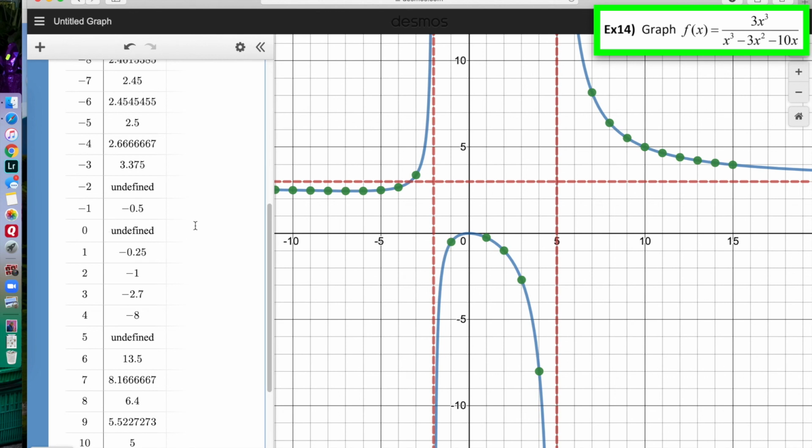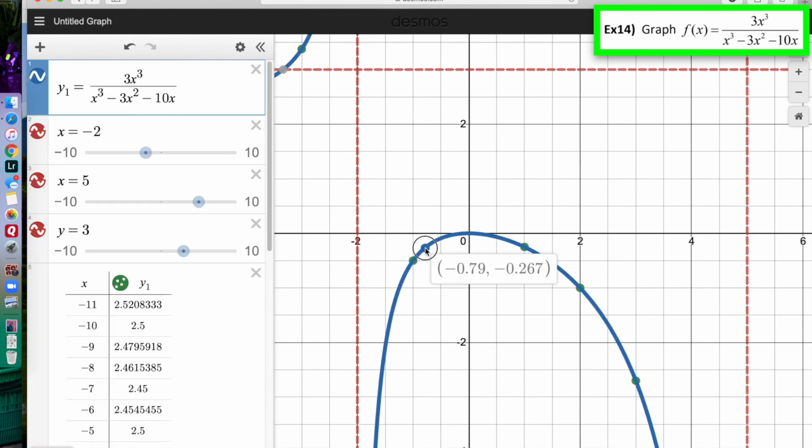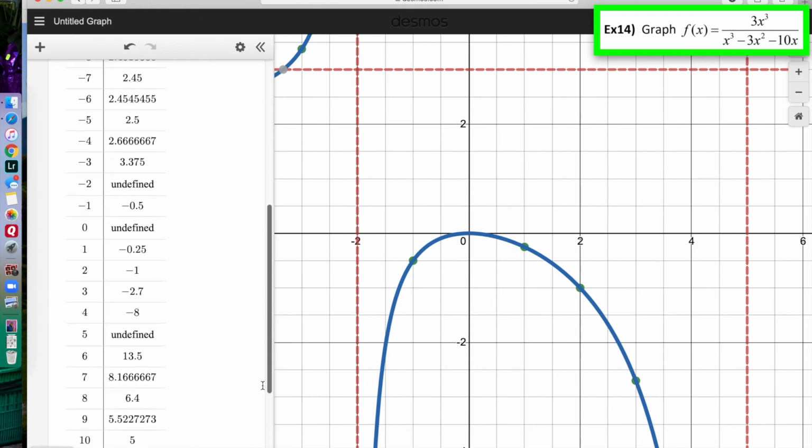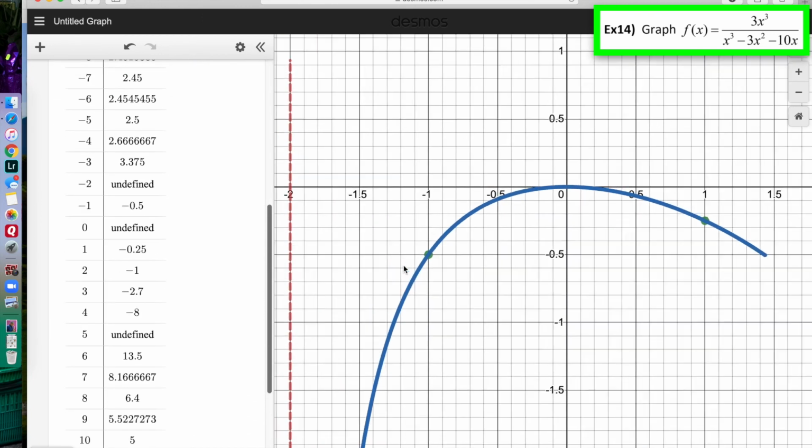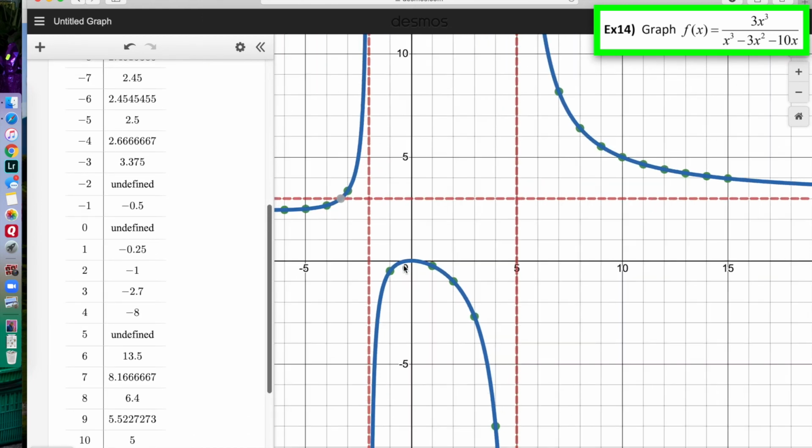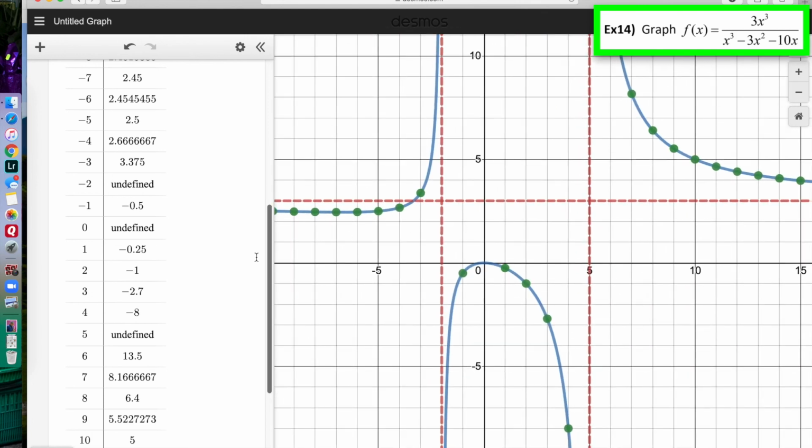Hi. Anyway, so it's telling me that x equals 0 is undefined, and it looks to me like the function goes through there, so it's probably going to be a hole. If I wanted to, I can click here and very carefully try to pause on top of x equals 0, and sure enough, that's a hole. What I forgot to show you in the previous video is that you can show the graph of a hole.